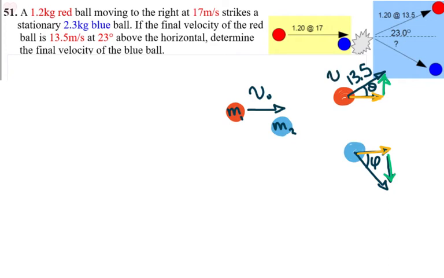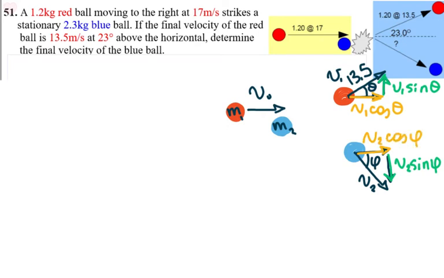Let's call this one V1 and this one V2. So here we will have V1 sine theta, and here we're going to have V2 sine, and that angle is phi. And here we're going to have V1 cosine theta, and theta is given as 23 degrees. And this one is going to be V2 cosine phi.